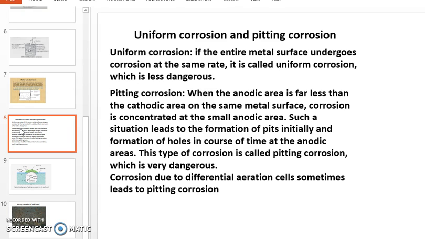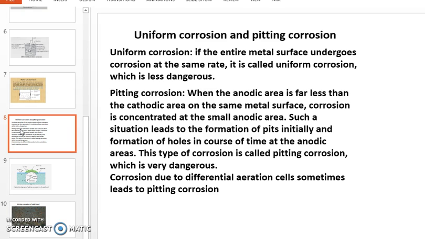You see, this corrosion due to differential aeration sometimes leads to uniform corrosion and sometimes also leads to pitting corrosion. If the entire metal surface undergoes corrosion at the same rate, it is called uniform corrosion, which is less dangerous.